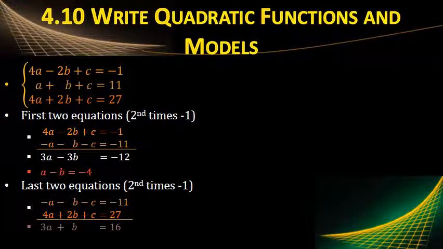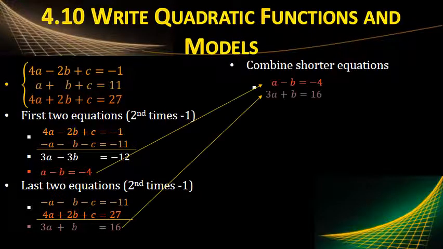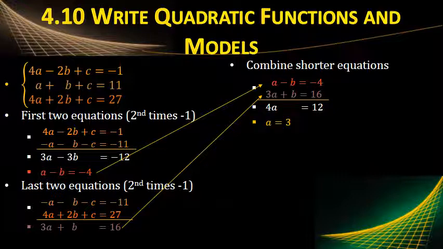Add these together, and now we have 2 equations that we can then combine. Conveniently, it looks like if I just add these together, the b will be eliminated. 4a equals 12, so a is 3.